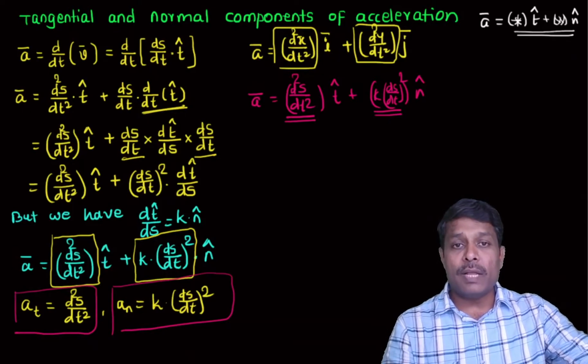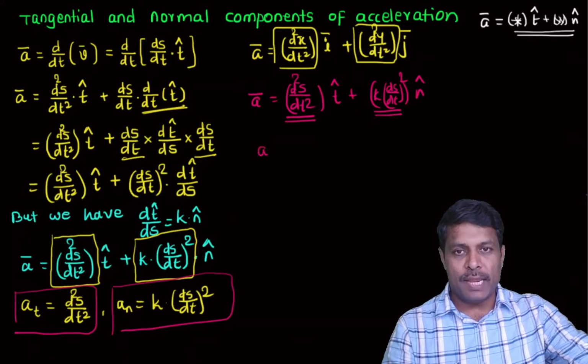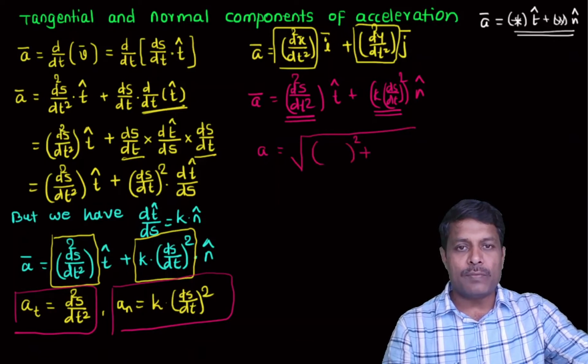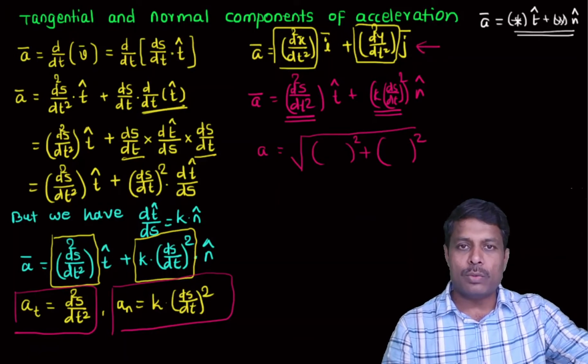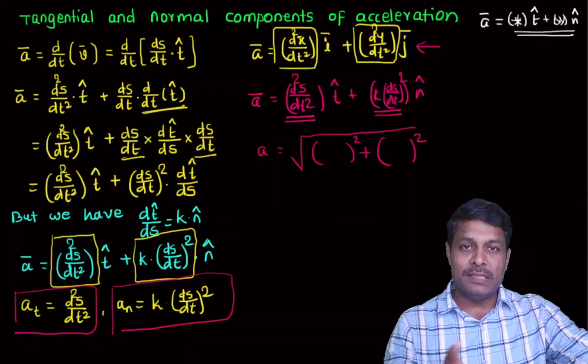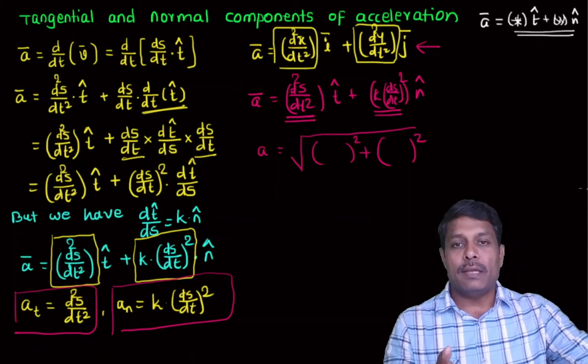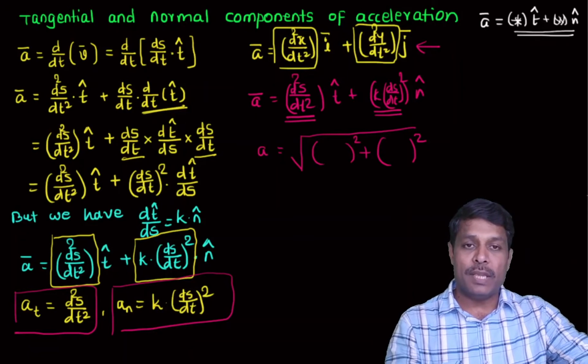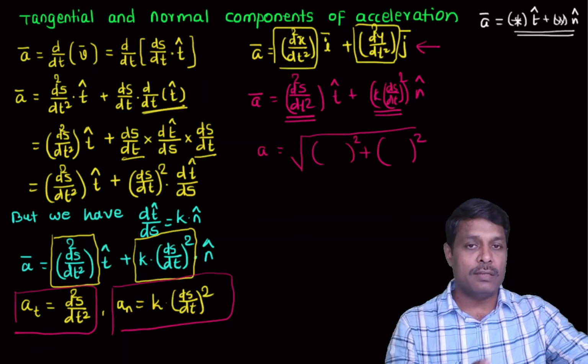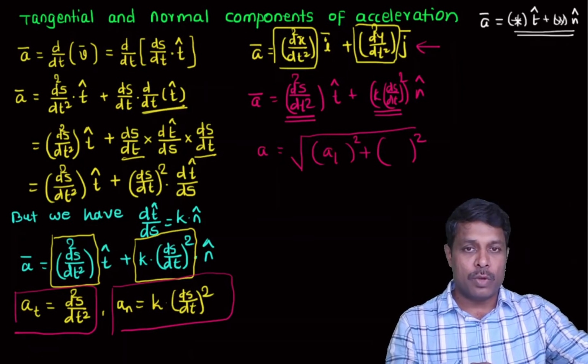How will you find the magnitude of acceleration, denoted by a? It is the square root of the squares of its components added. If you are treating a bar in terms of i and j, square and add those components; if you are considering a bar in terms of t cap and n cap, then write the tangential and normal components.